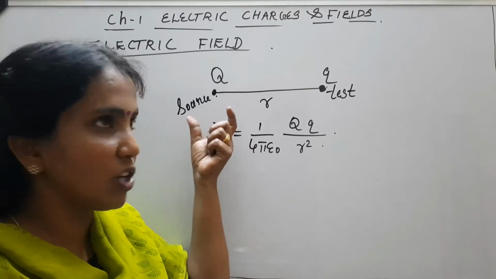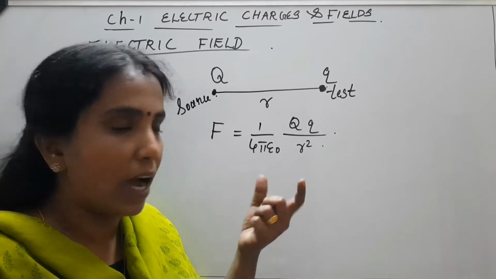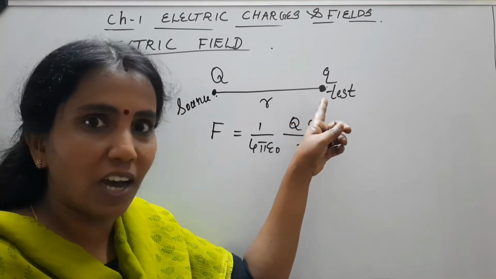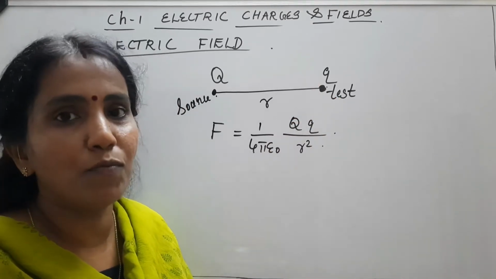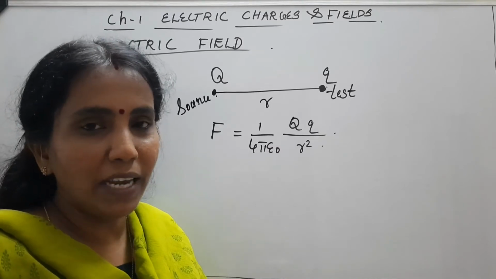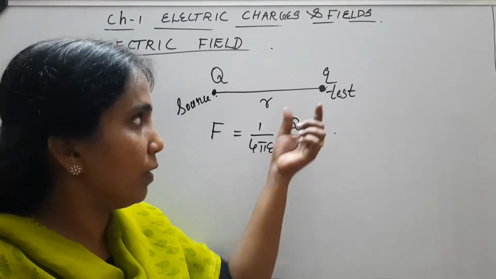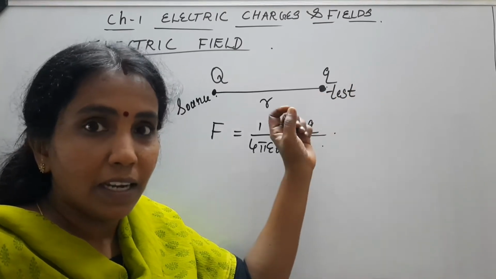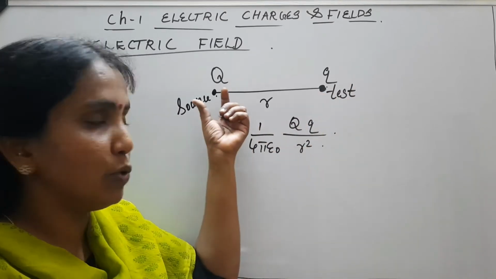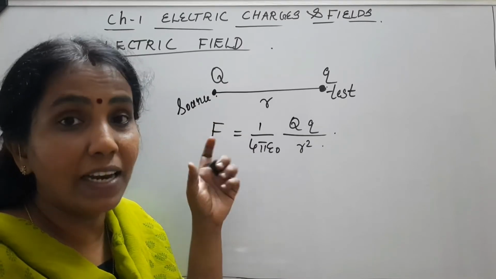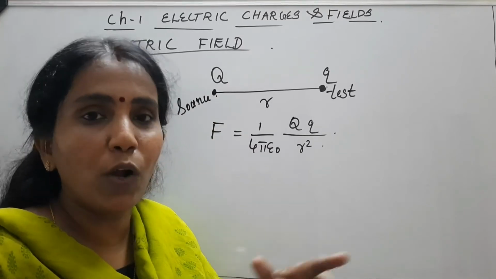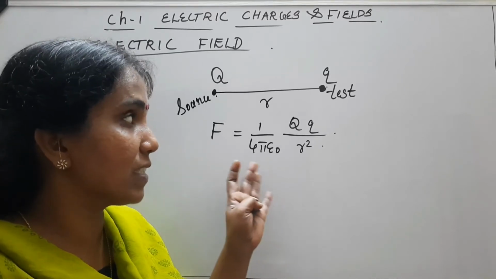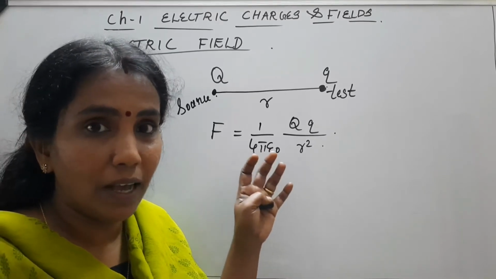So the source charge is producing something at this position because of which this test charge is experiencing a force. That something is the effect due to the source charge, and that effect we call the electric field.